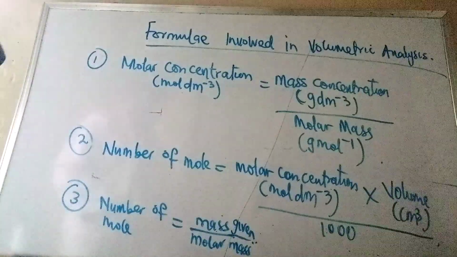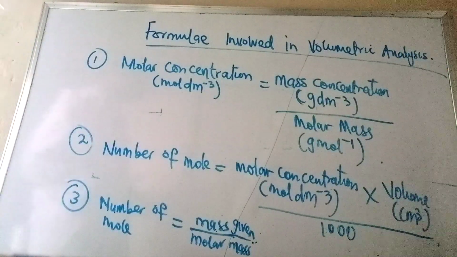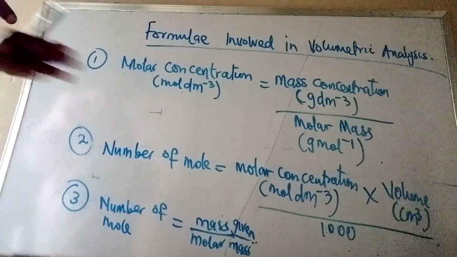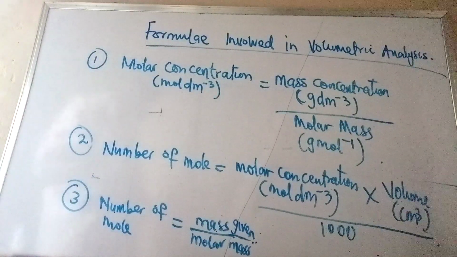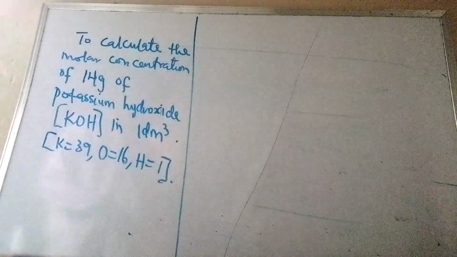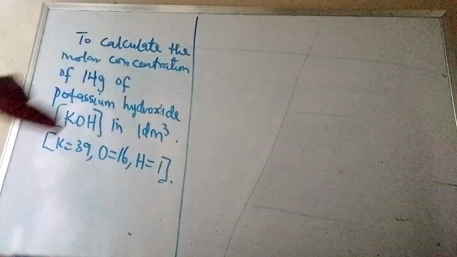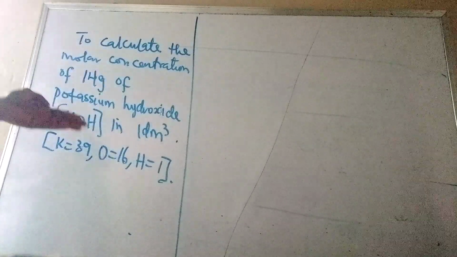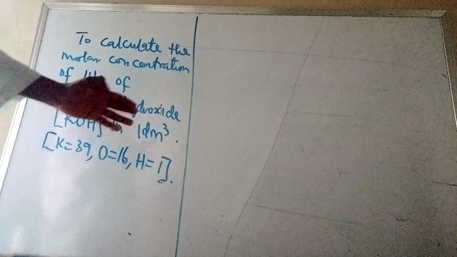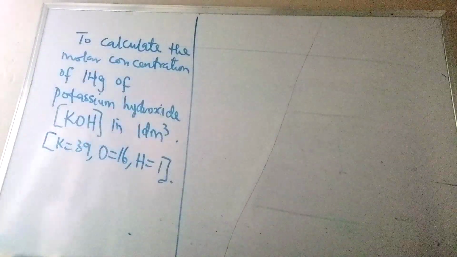Now, let's go and solve the questions we already have on ground. The first question is to find the molar concentration of 14 grams of potassium hydroxide in 1 dm cube solution.